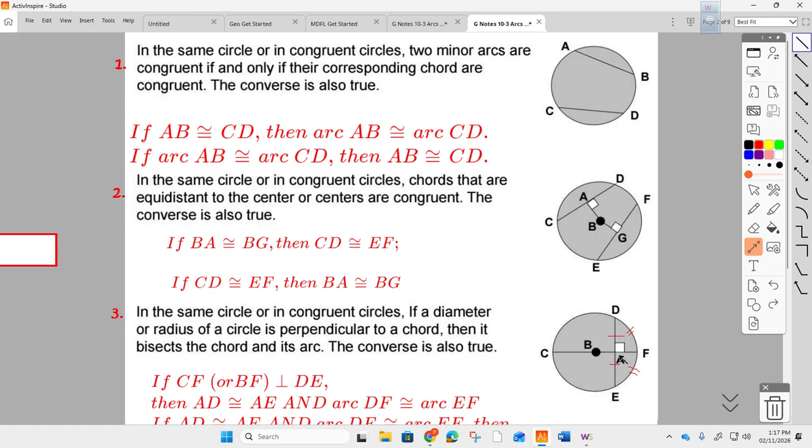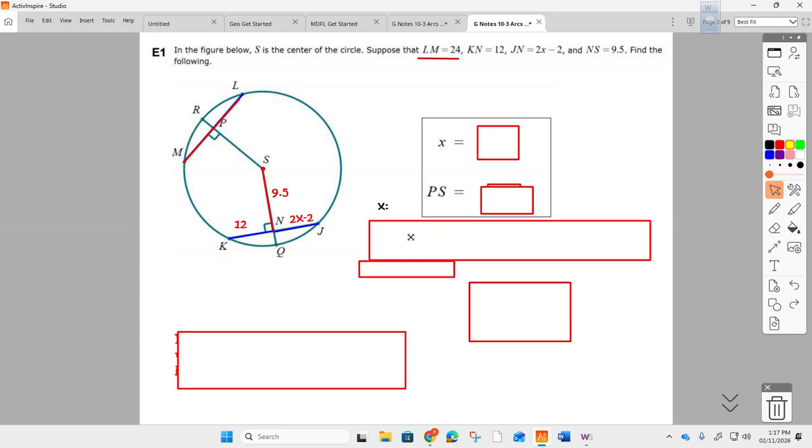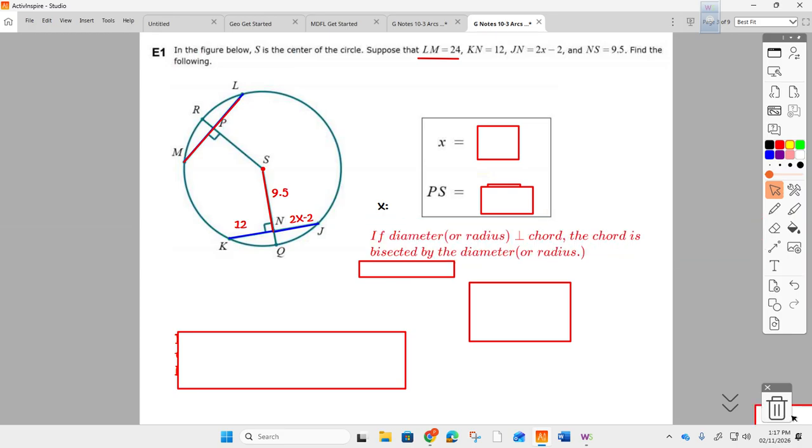So it shows that the radius is perpendicular to the chord, so that's how we know that we can write the equation that Justine said, and she's right, but we do have to know why that is true. If the diameter or radius is perpendicular to the chord, then the chord is bisected, so that's how we know that KN is congruent to JN, and that's how we know we can write the equation that 12 equals 2x minus 2, because those two segments of that chord are congruent.